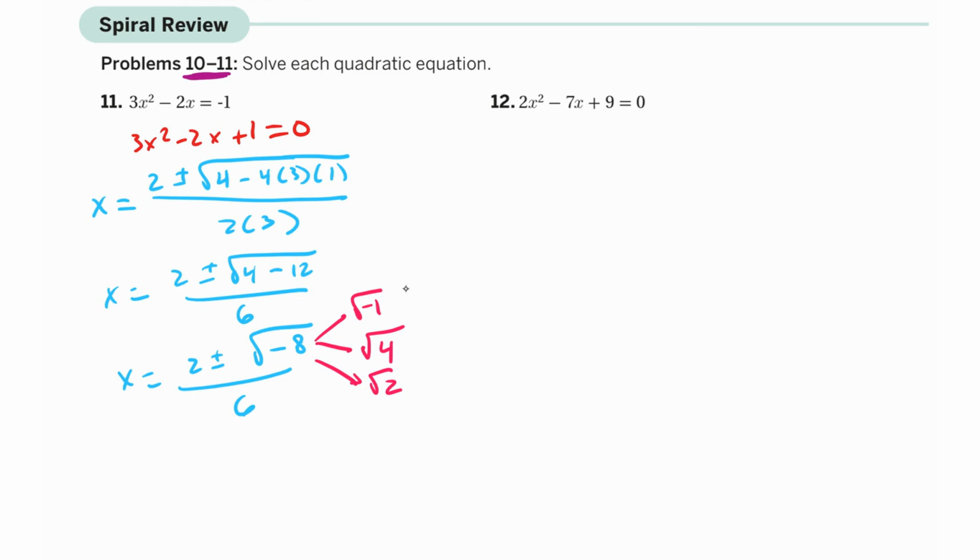If I multiply all those together, I get the square root of negative 8. The reason I do that is because I know that this becomes i and this becomes 2. And so when I rewrite this, I get x equals 2 plus or minus 2i root 2.